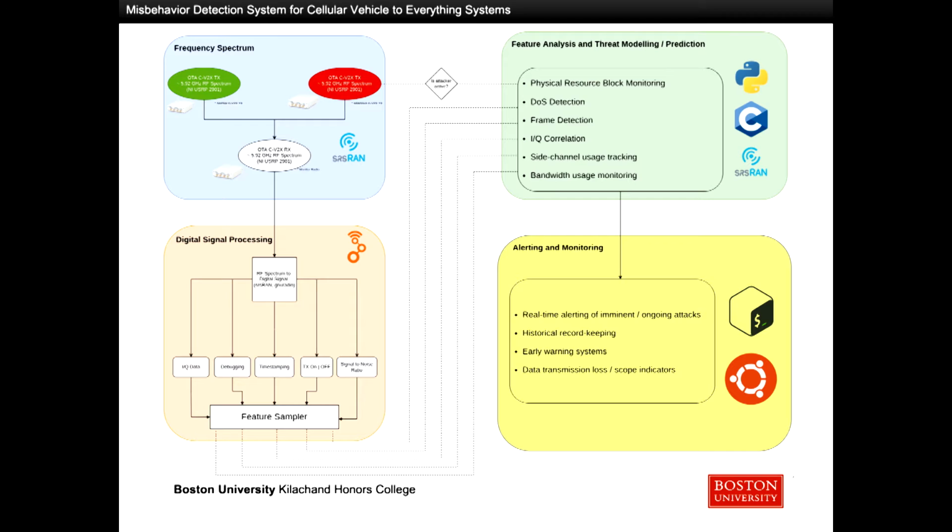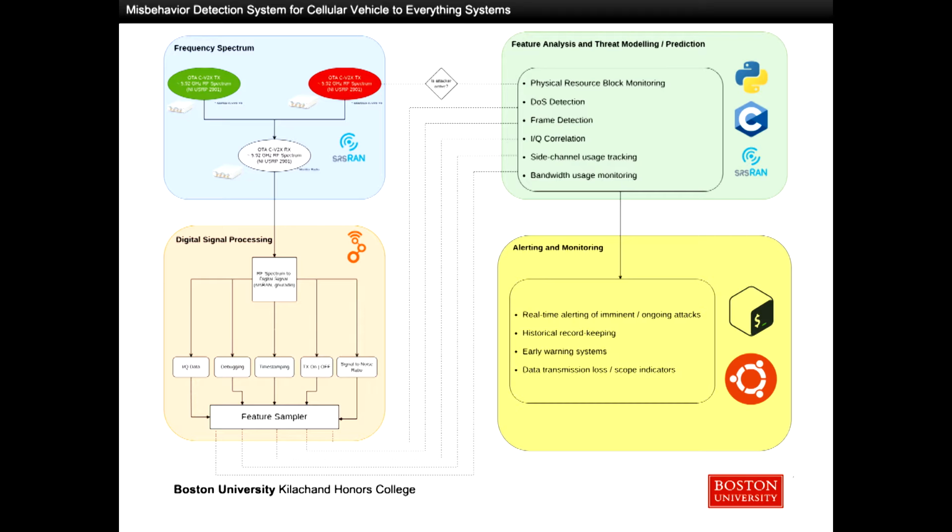There's a lot to see here. This is a general flow chart of how the project went. First, we started out narrowing the frequency spectrum, getting the actual signal, which is located at 5.9 gigahertz. Once we got that signal, we put it through a program for some signal processing to get those features.